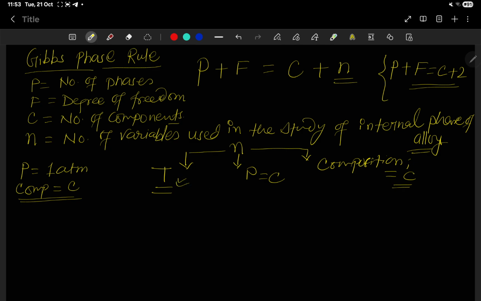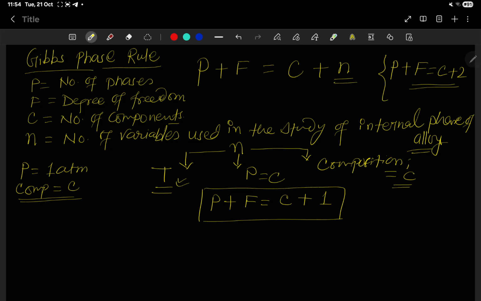So the only variable left is temperature, right? So the Gibbs phase rule for a phase diagram will be P plus F equals C plus 1.